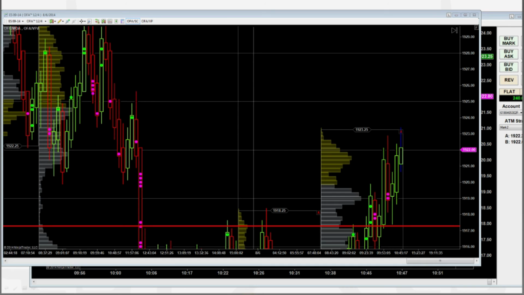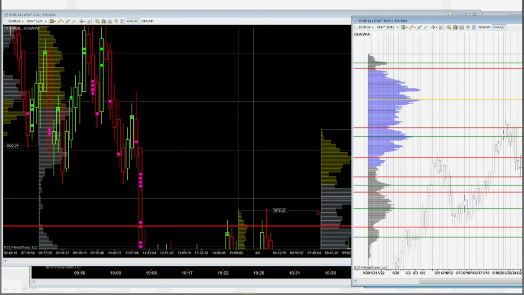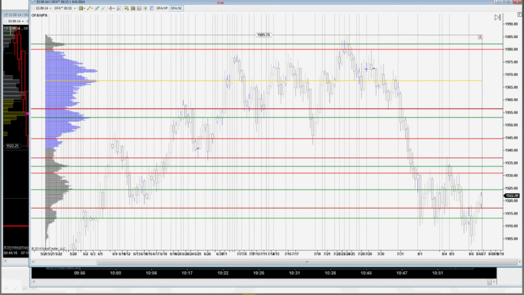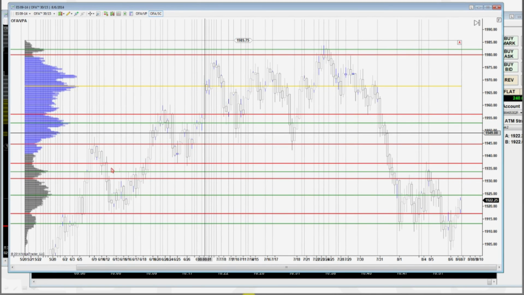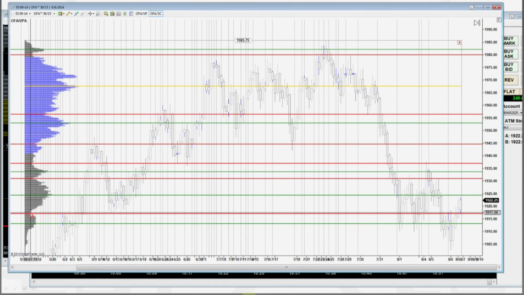See this low volume area right here? See where it is? That's why.